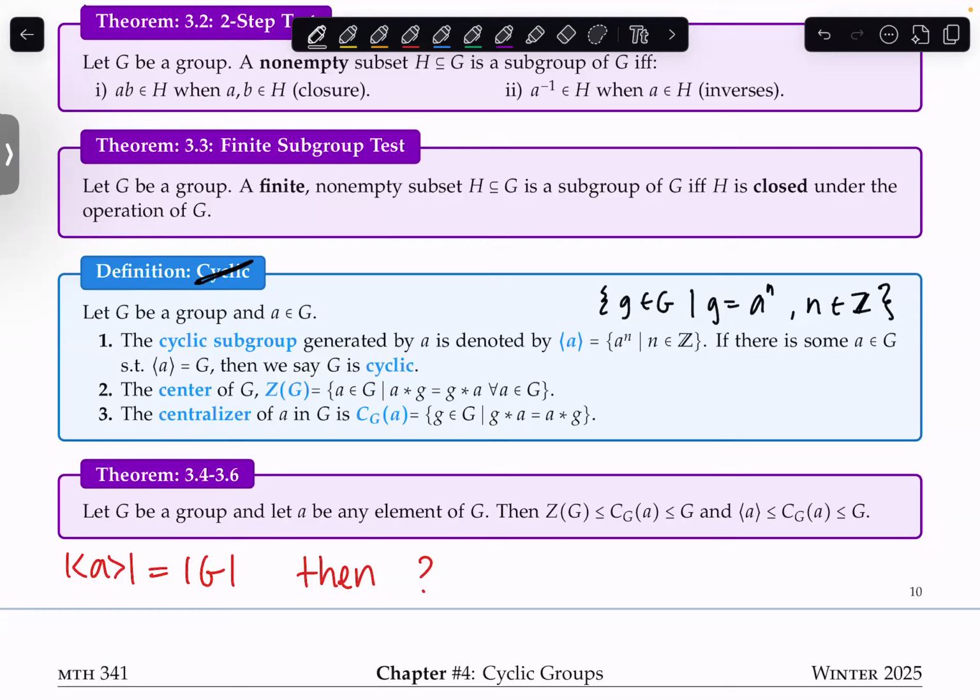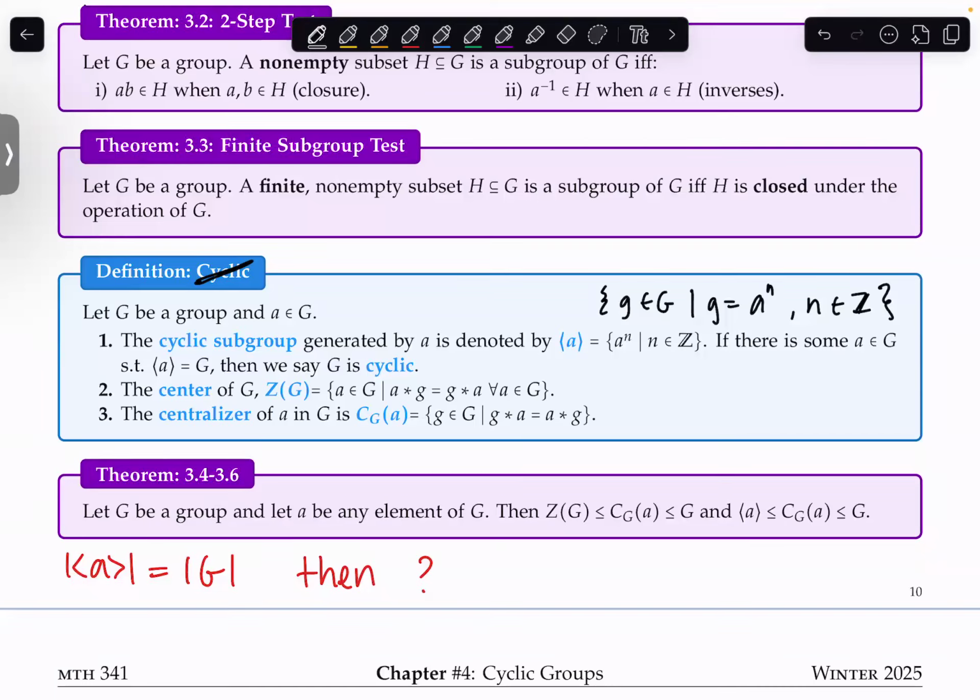These are going to be the things that look like a to the n, where n is any integer power. Okay, and what we'll actually do today is we'll prove that we do actually get a group in those cases, or did we, unless we proved that already. No, I think we actually did prove that already. So we already know that these do actually give us back groups, which is why we call them subgroups here.